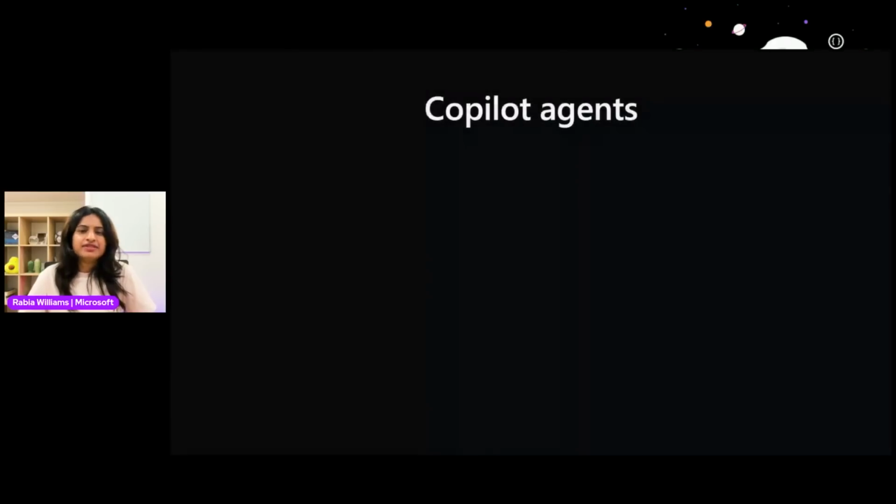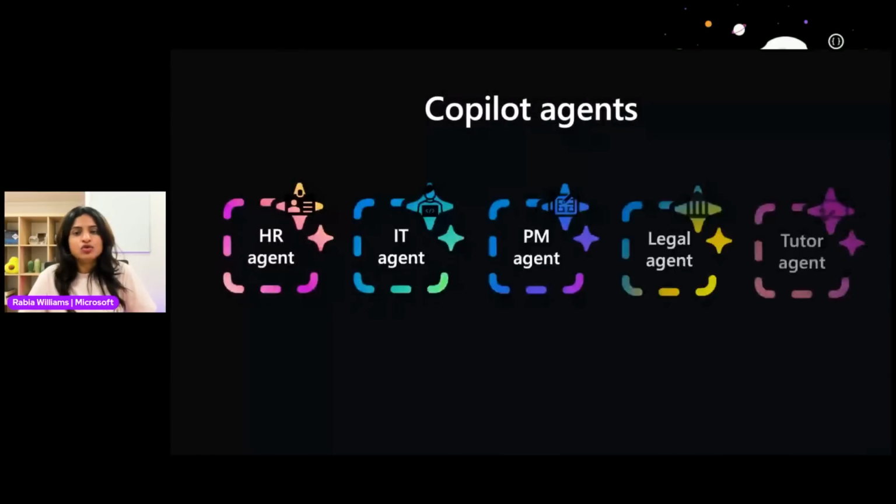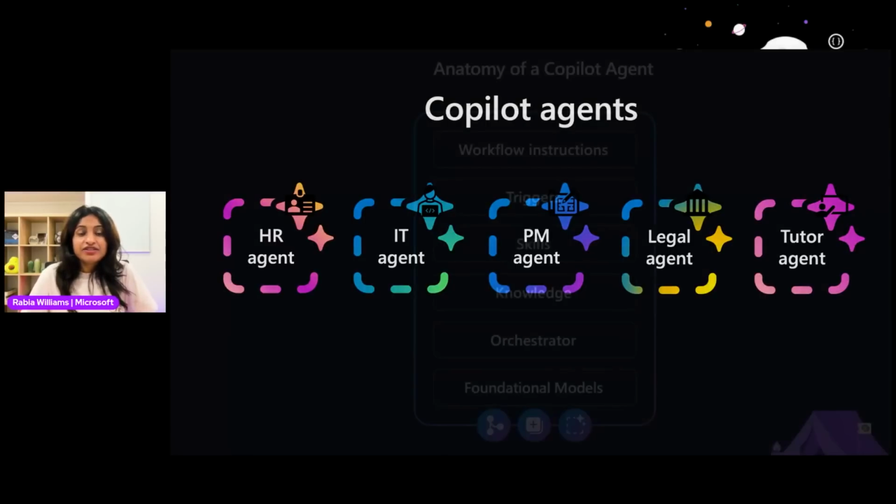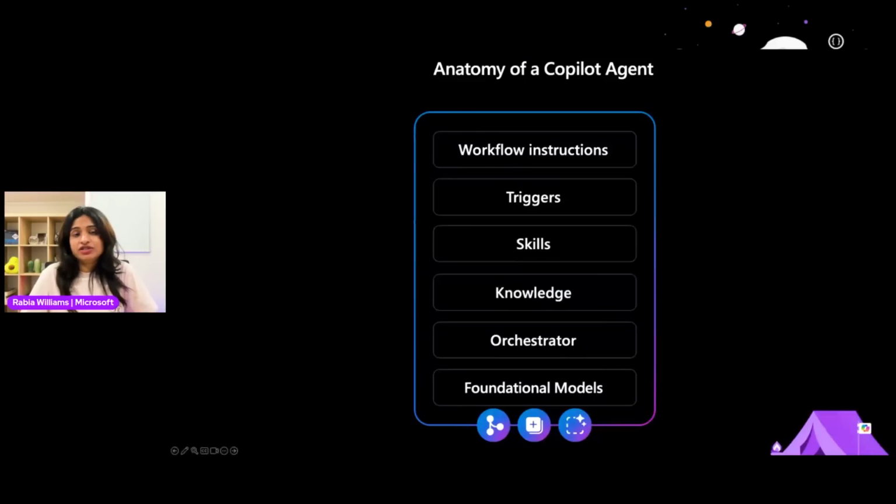Understanding that every business is unique, we have Copilot agents to offer a tailored Copilot experience for your specific and distinctive business processes. Now let's look at what makes up an agent. Here's the anatomy of a Copilot agent. We'll start from the bottom. Foundation models are AI models that can perform a wide range of tasks like language processing, visual comprehension, text generation, etc. The orchestrator oversees and synchronizes pre- and post-processing of the user prompts.